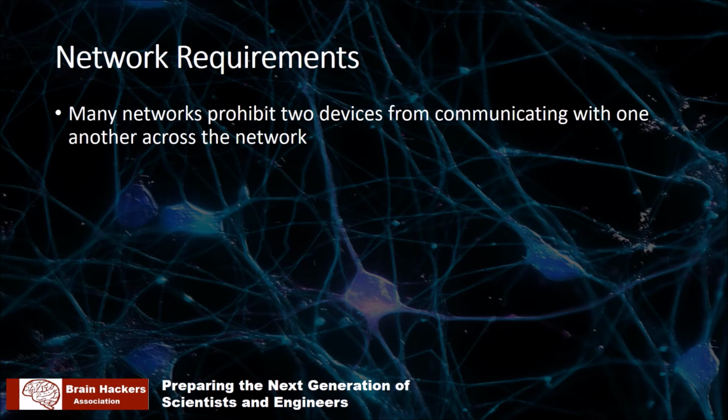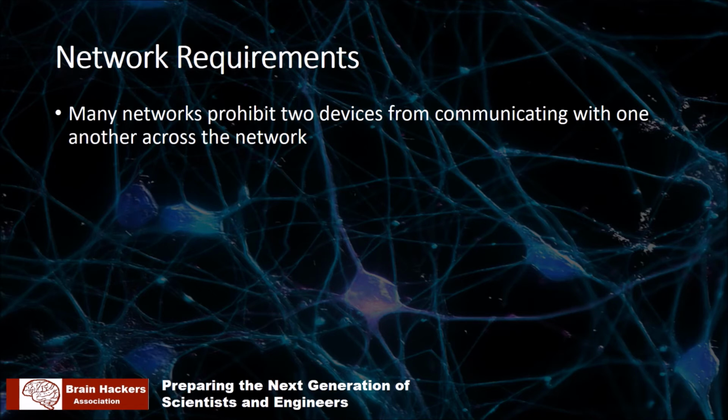I've had an issue with networks in many of the facilities where I've conducted programs. In particular, many networks have been configured so that two devices cannot communicate with one another across the network.